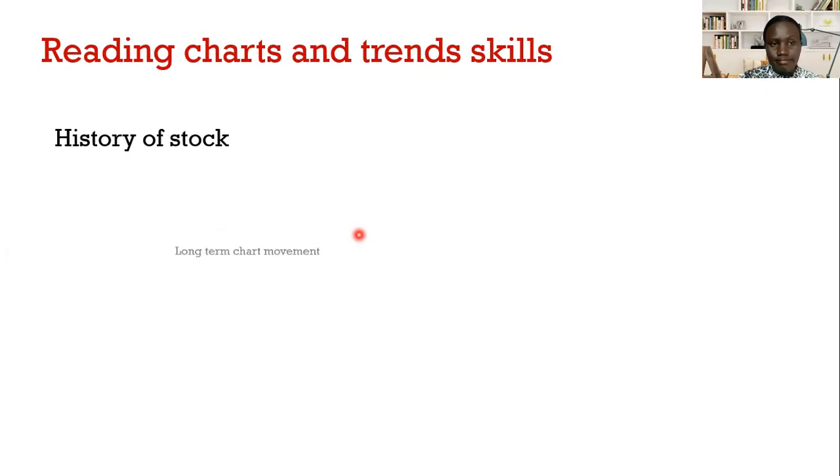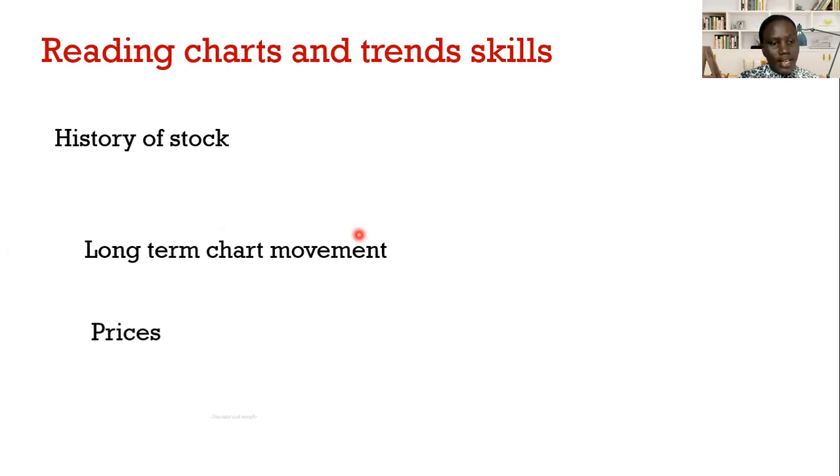Reading charts and trend skill is also required when you are doing swing trading. Historical stock prices, long-term chart movement, short-term chart movement, prices, demand and supply. Those are the things that you need to know when you're doing swing trade. For me, I really understand what is demand and supply.